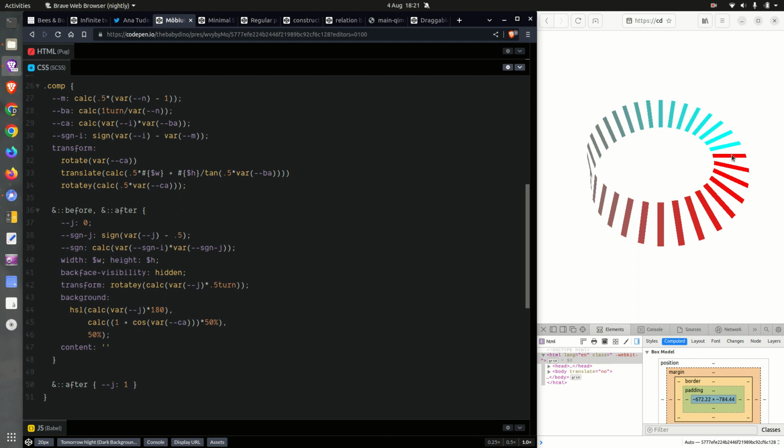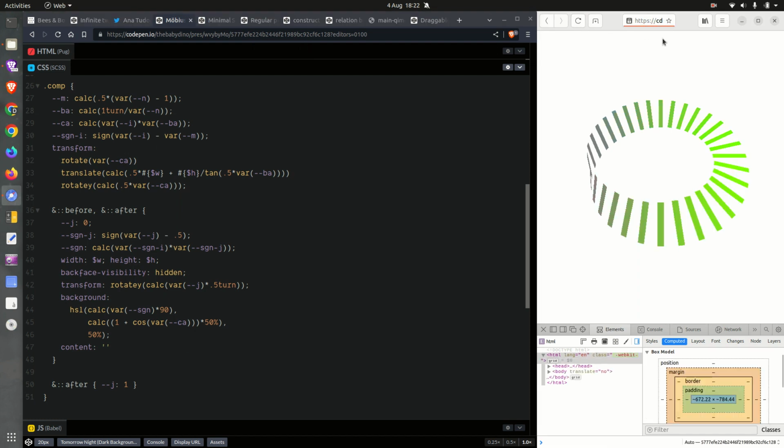It wouldn't depend on whether we are setting it on the after or on the before. So we want to make it depend on the J as well. So here we're going to have sign, if I can write that correctly, times 90 degrees.